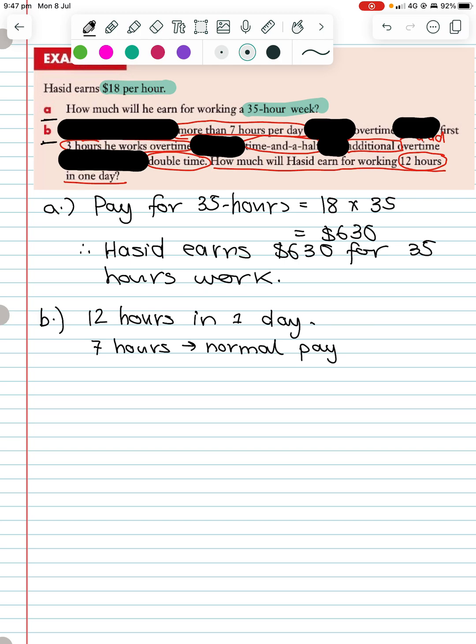The first 3 hours overtime, he's paid time and a half. So from 7 to 10 hours, he's paid time and a half. And then for anything 10 onwards, it is double time.